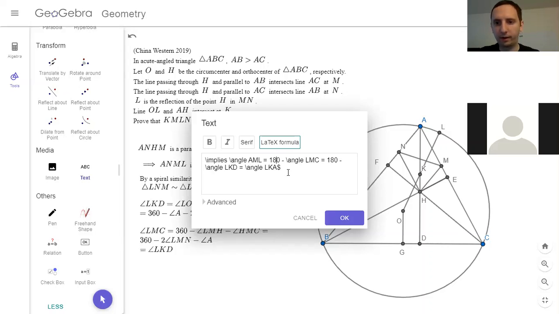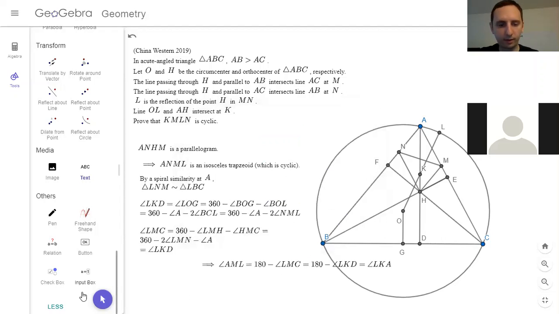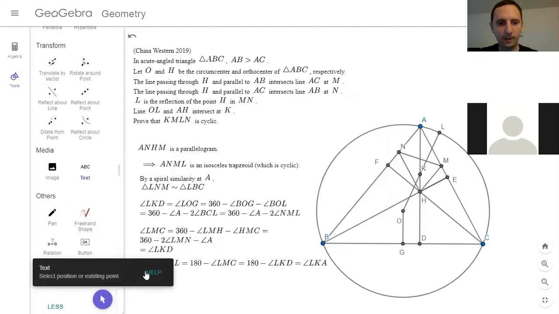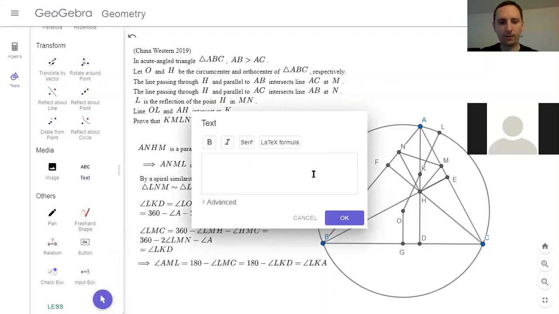So that means KLMN is cyclic. I'll write it like this. So K lies on the circle ALMN.